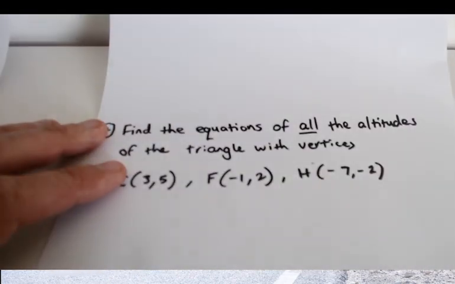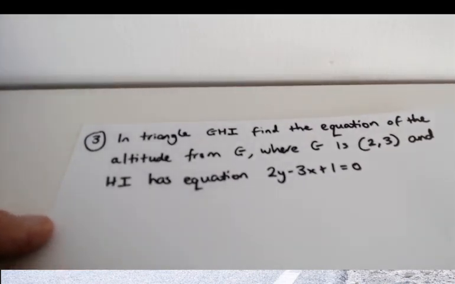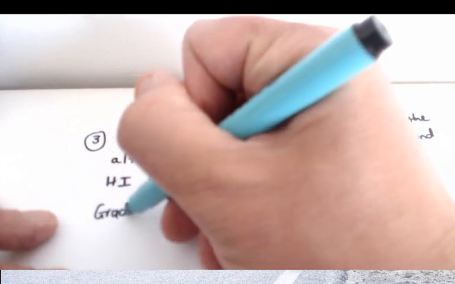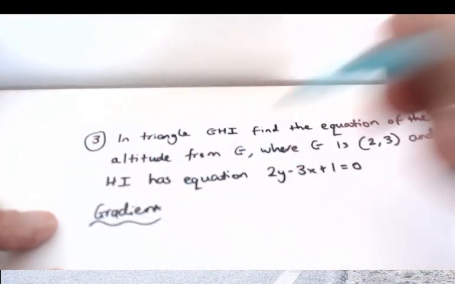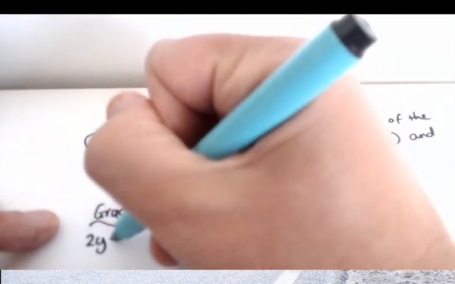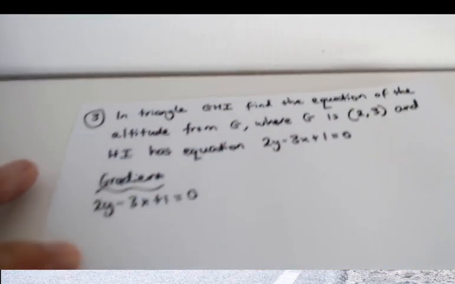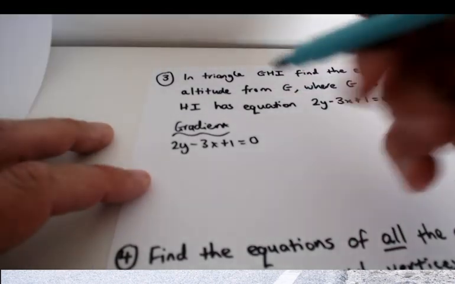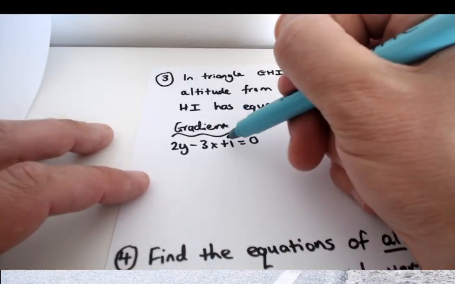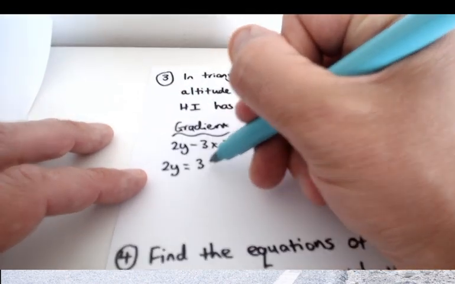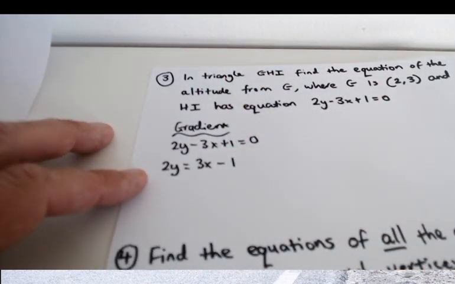Right, question 3, the one that's slightly different, where I'm not giving you the coordinate points of all 3 corners. So again, we want gradient. So we know the equation of the opposite side, which is that. I need to rearrange it to get the gradient. So I'm going to take the minus 3x and the positive 1 to the other side, where they will do the opposite of what they did before. So the 3x will be positive and the plus 1 now becomes negative.